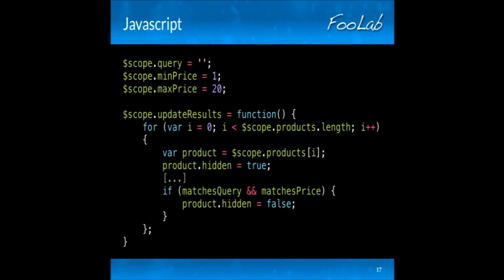If it does, then hidden is false. So at first I hide everything and then unhide whatever matches the criteria, or you can go the other way around. It's the same. Basically you set this additional property on the product, and that property is bound to the dim class. So as you change that, some of your items will just become dimmed automatically.